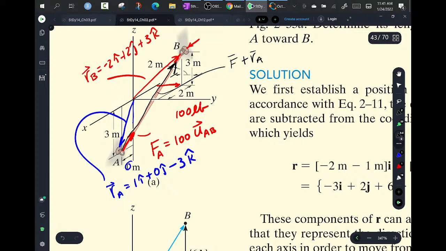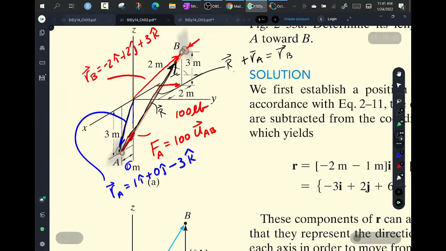I better not call it F. I better call it something else. How about I call this vector capital R? So if I add this vector to this one, I should get RB. So it's just vector addition.